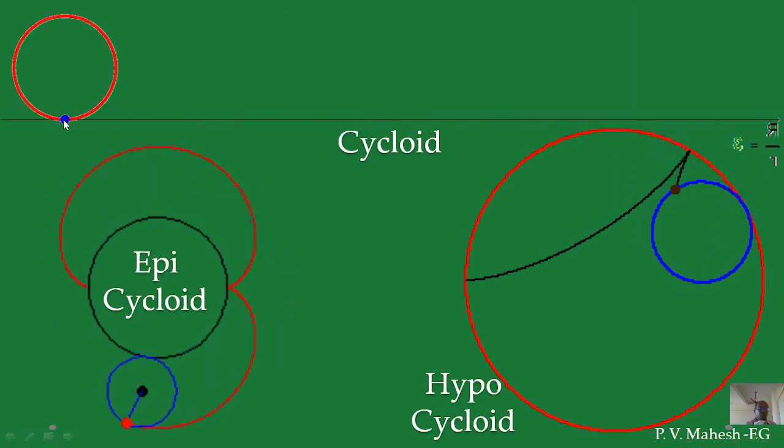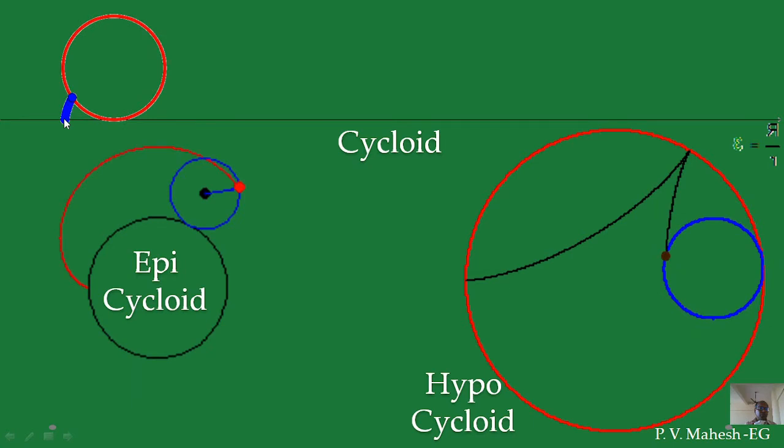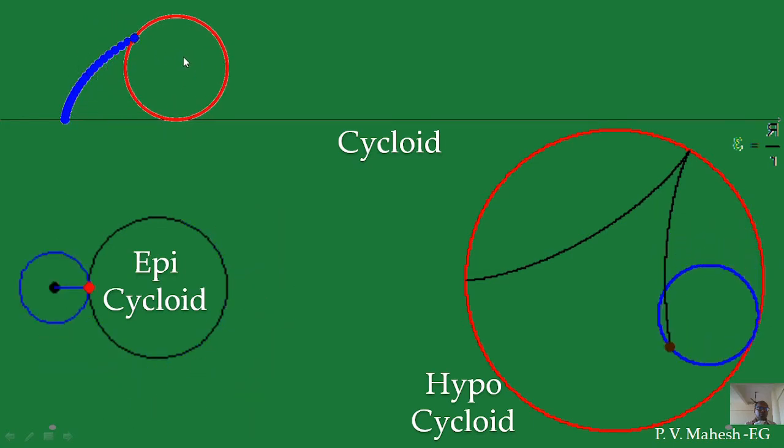Now in the questions they may say the point is starting from the bottom end. If the point is starting from the bottom end, then the curve will start from here.